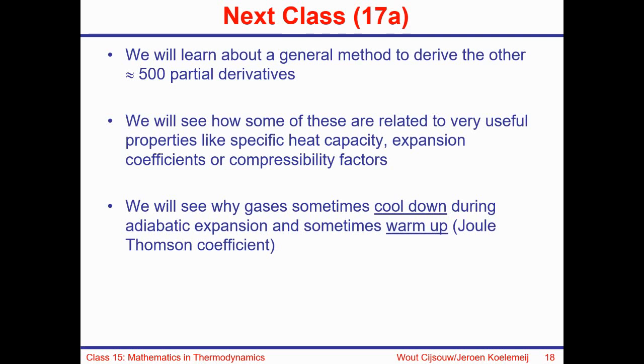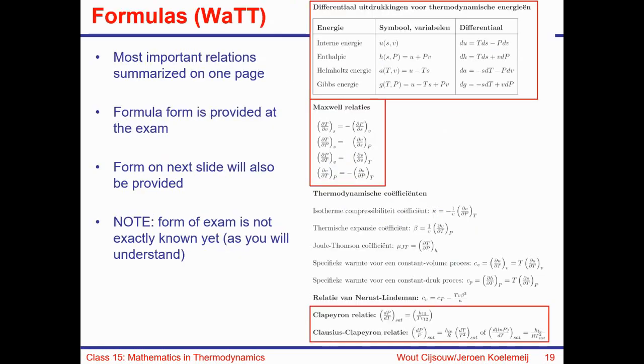That sounds a bit weird, right? Or a bit contradicting. This has to do with the so-called Joule-Thomson effect, and that's quantified in turn by a coefficient, the Joule-Thomson coefficient, and you will learn about that as well.